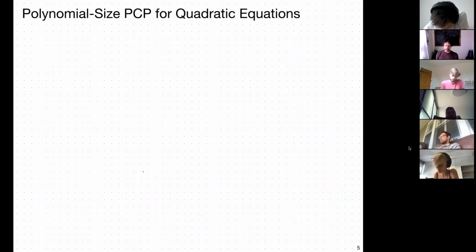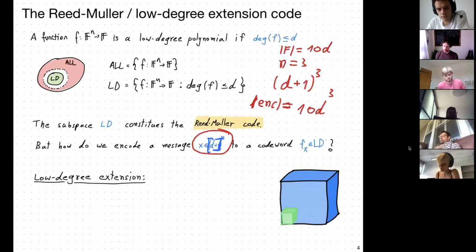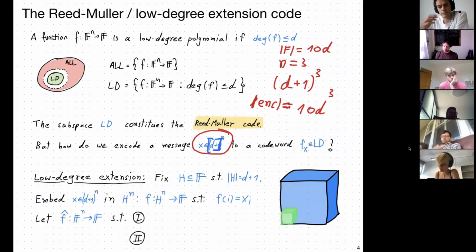Let's see how we can, so what we'll try to do right now, wait, Amit is asking regarding the size of the truth table. So just to quickly say that again, the size of the truth table would be the size of F to the power of the dimensions, so it's like the size of the encoding.